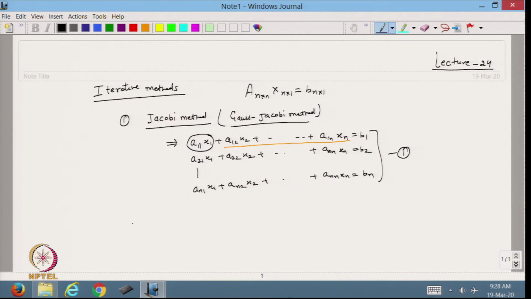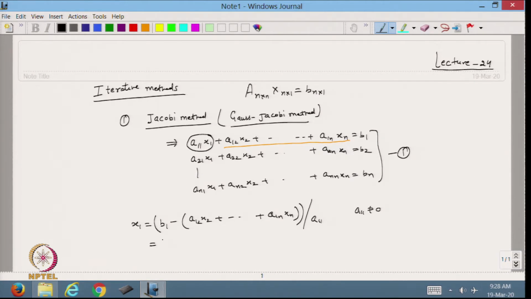So I will write x1 as b1 minus a12 x2 up to a1n xn, and then I will divide this by a11, provided my a11 is not equal to 0. That is my condition, because if a11 is 0, then we interchange the rows. So in this case my a11 should not be 0.